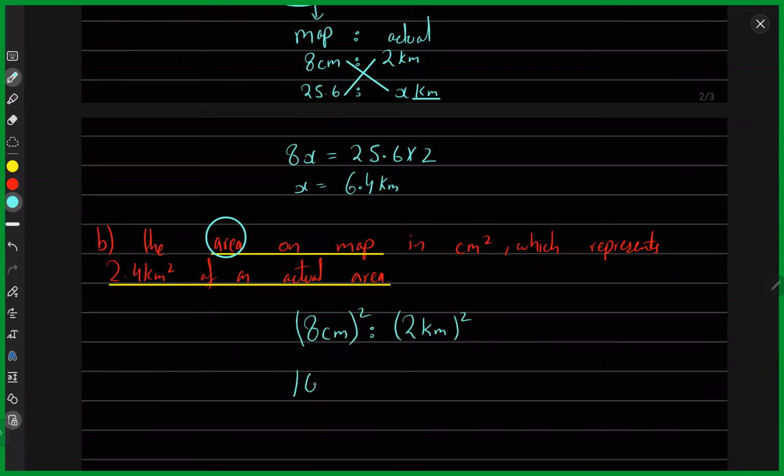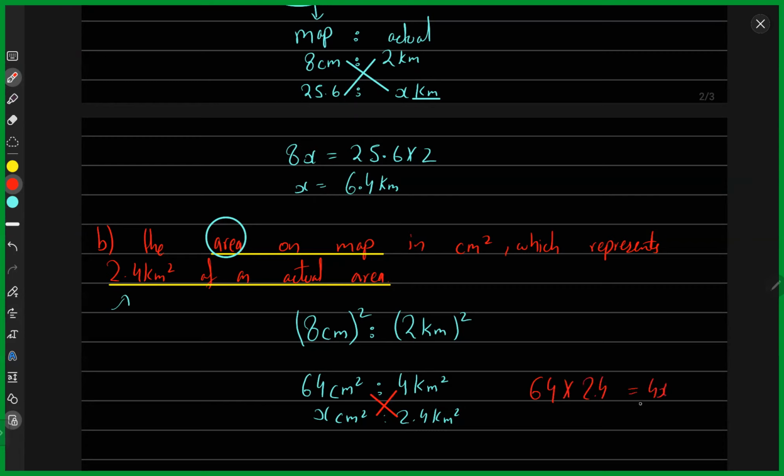and this would give me 64 centimeter square ratio 4 kilometer square, and it's 2.4 kilometer square ratio x centimeter square. So everything is done. I'm just supposed to cross multiply at this point, and this would give me 64 multiplied by 2.4 equals 4x.